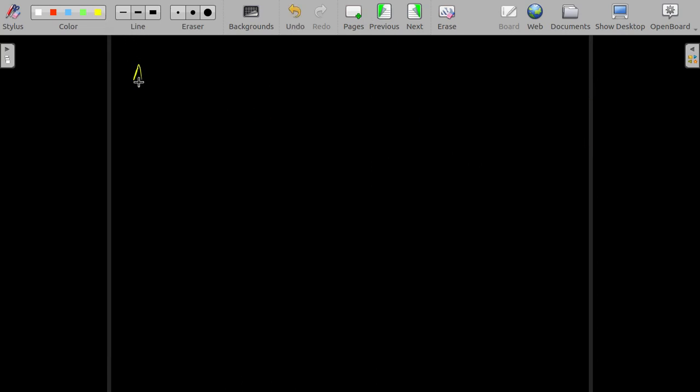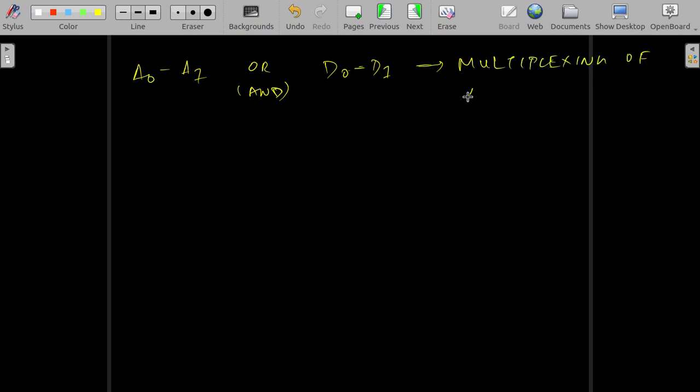They can act as either A0 to A7 or, let's say AND, because it acts as both, but only one at a time, and D0 to D7, right? So this concept is called multiplexing of address and data bus.